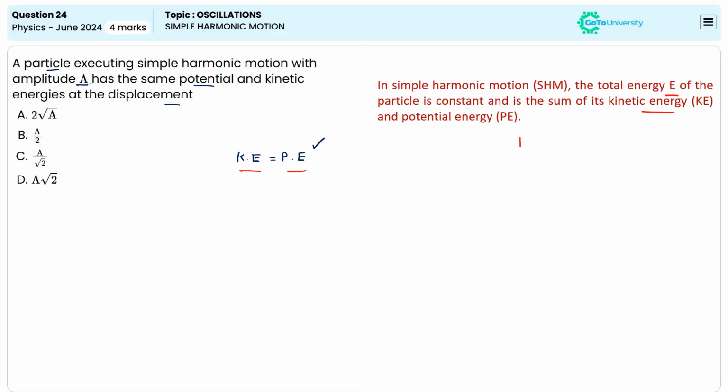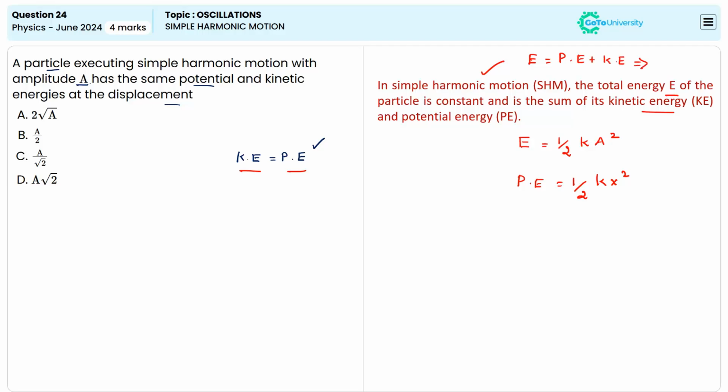The total energy of simple harmonic motion is half K a square, whereas the potential energy is equal to half K x square. So based on the relation of energy, E is equal to potential energy plus kinetic energy.